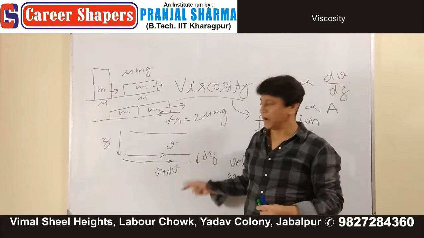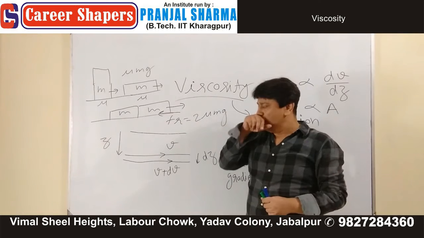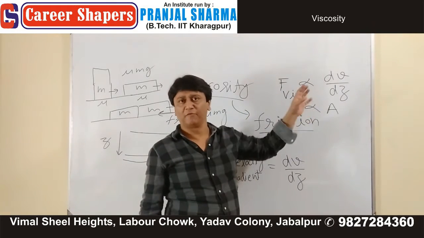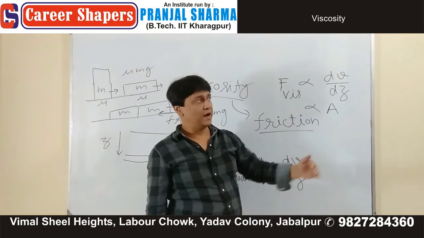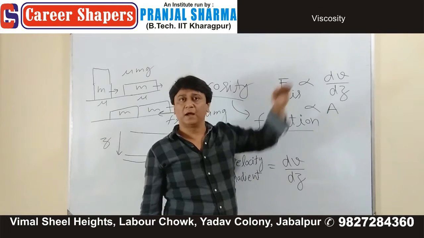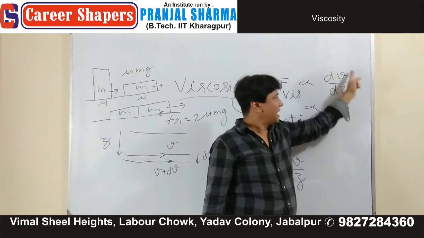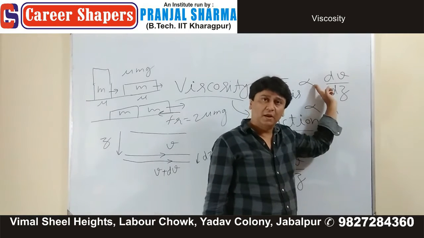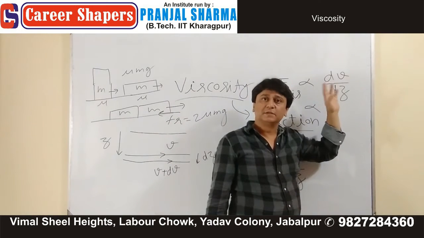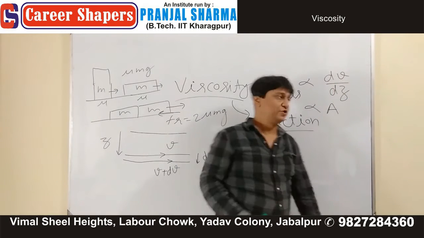dV, we need to define what is the separation between the layers. So instead of using simply the concept of dV, we also define that this layer and this layer are separated by a distance of dz, and they have a velocity difference of dV. This dV by dz is similar to relative motion of friction.